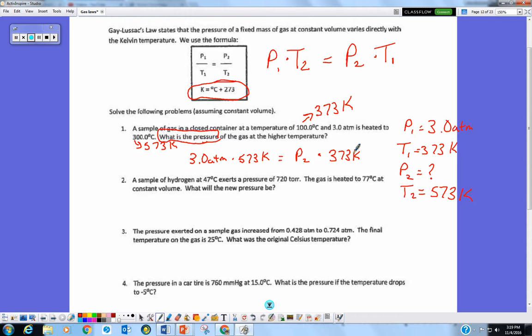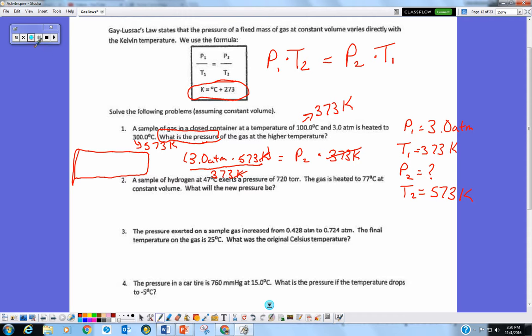Alright, again, if I divide both sides by 373, that cancels. And now I put all of my numbers on the same side, isolating my unknown. 373 Kelvin, and we see that we have Kelvin divided by Kelvin, so that means that our answer is going to be in atmospheres. And I'm going to write my answer over here in the box just so that you can cleanly see it.